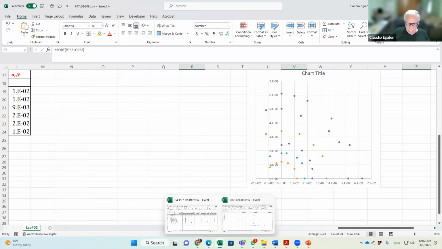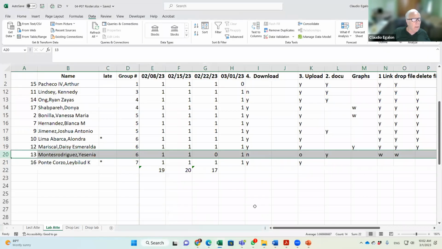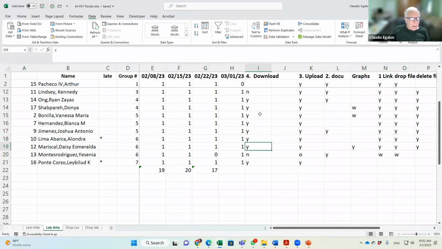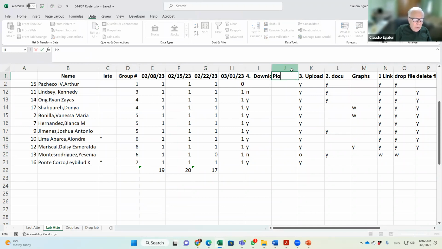It's like 10 o'clock already. We need our break. Did you manage to plot equipotentials?